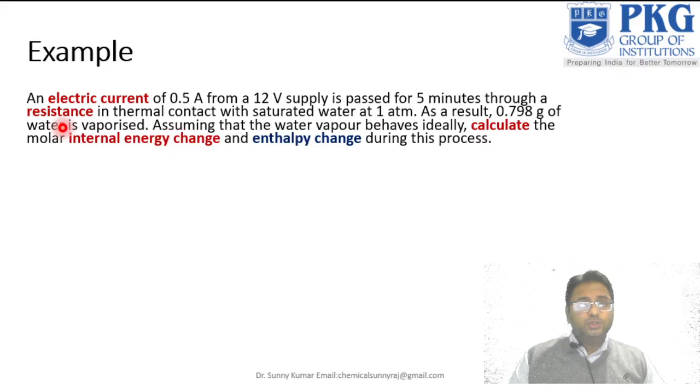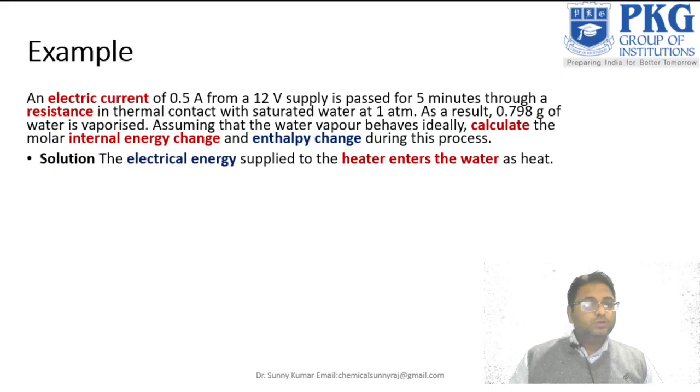As a result, 0.798 gram of water is vaporized. Assuming that the water vapor behaves ideally, calculate the molar internal energy and enthalpy change during the process. So we have to calculate the internal energy and enthalpy change for this process. So how to solve this?